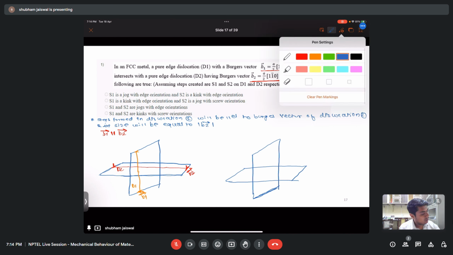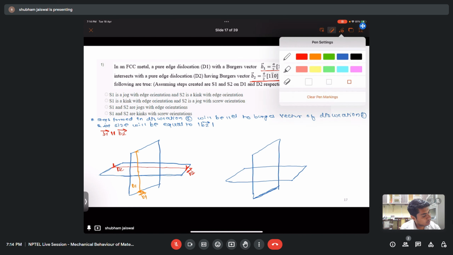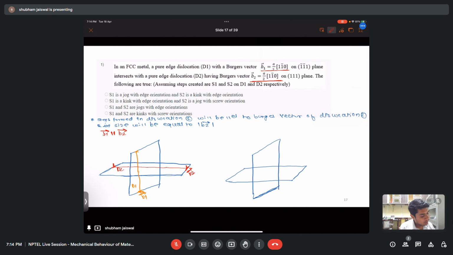So here, what will happen? Dislocation 1 will create a step in dislocation 2 in the direction of B1.